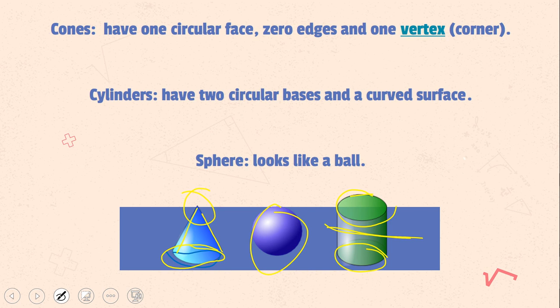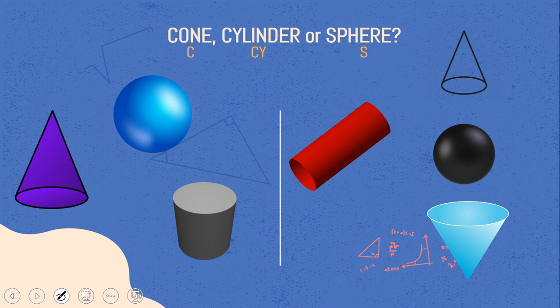It should be pretty easy because you guys know what a cone, a cylinder, and a sphere look like. So those are pretty easy. So for example, here you go. Is it a cone, a cylinder, or a sphere? So start with 1, 2, 3, 4, 5, 6, 7. Okay?